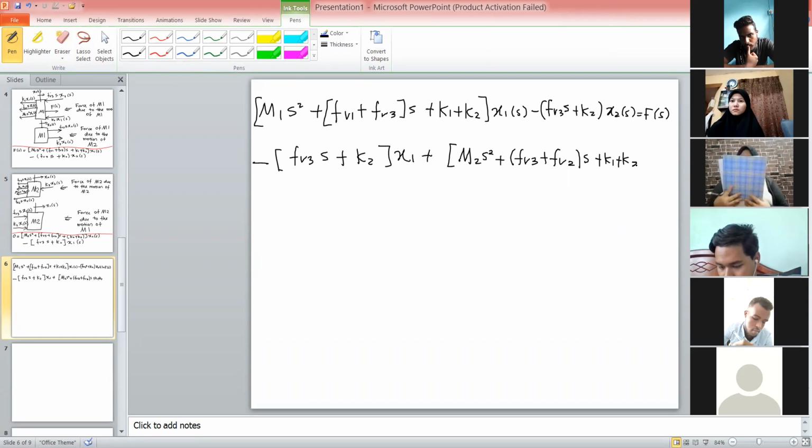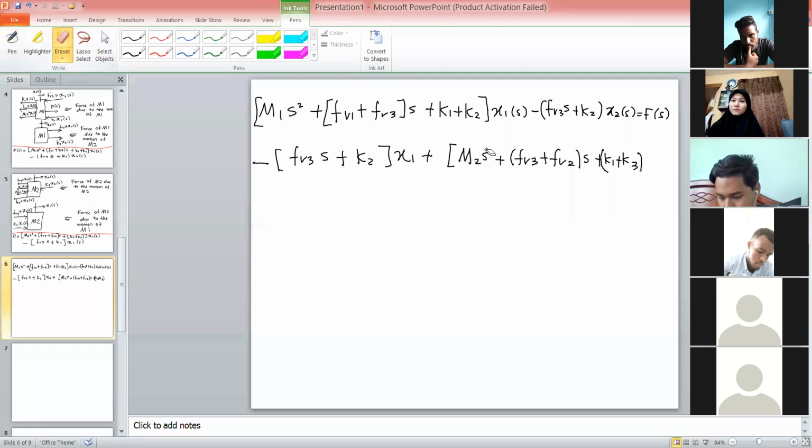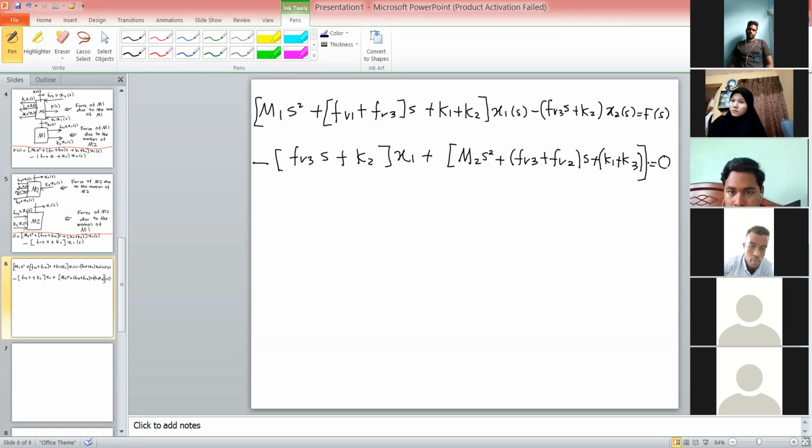K1 plus K3. Okay, we have these two equations.